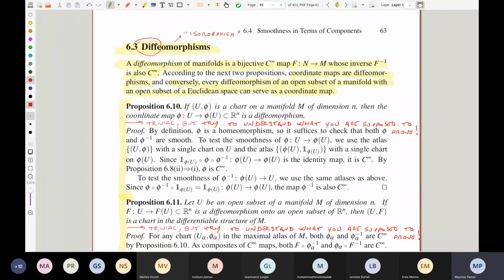Two manifolds which are diffeomorphic, from every point of view we are interested in, are just the same. And what I was telling you at the beginning of this lecture is that the open interval is diffeomorphic to R. Okay, and now you know what this means.